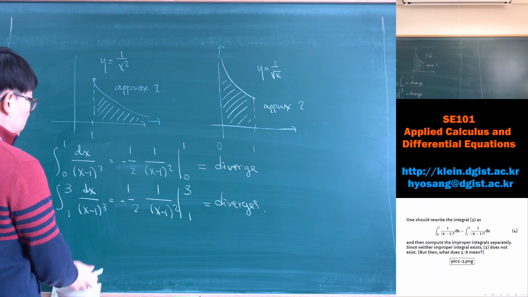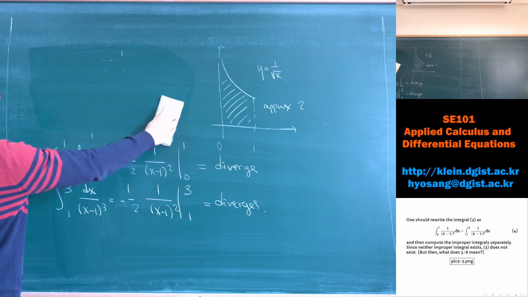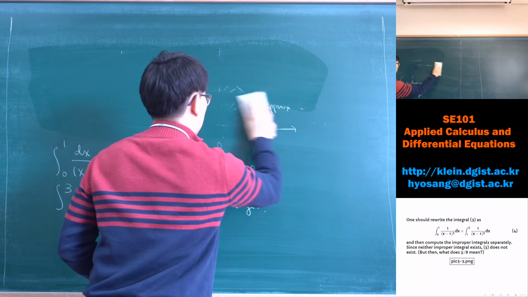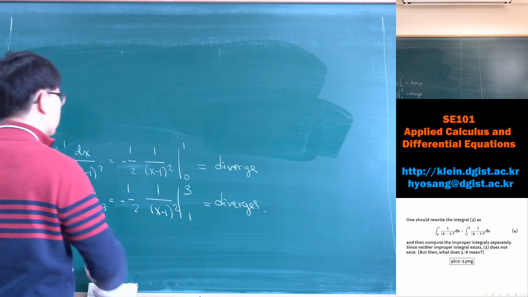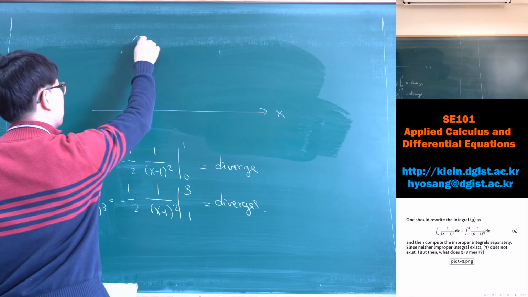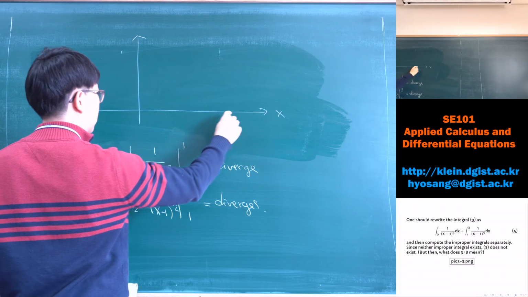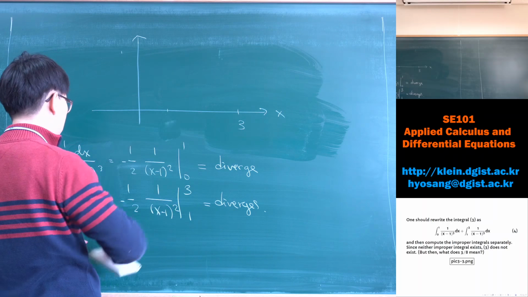So if you try to graph the function 1 over (x minus 1) cubed, the function looks like this. So you have the x-axis and y-axis, and 0 and 3, and here you have 1.